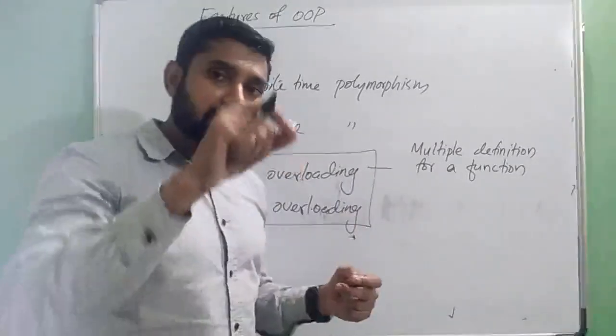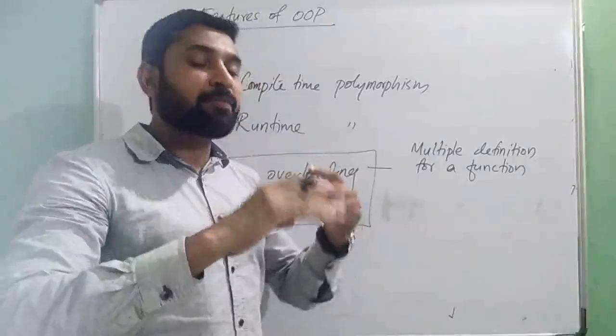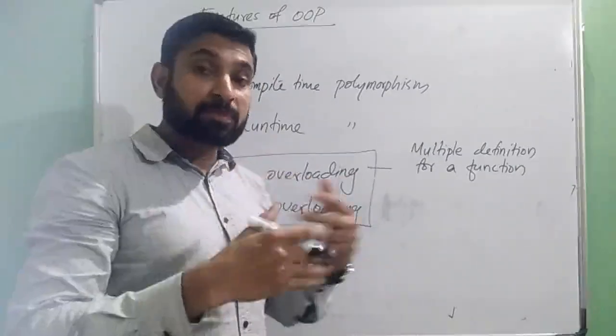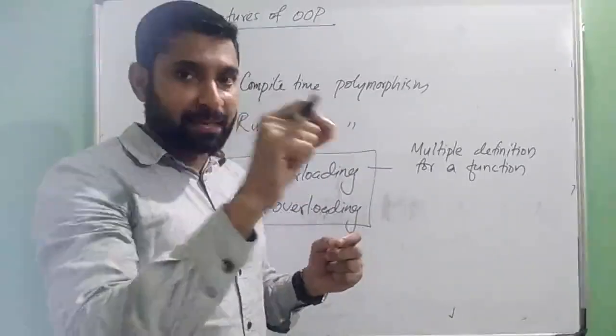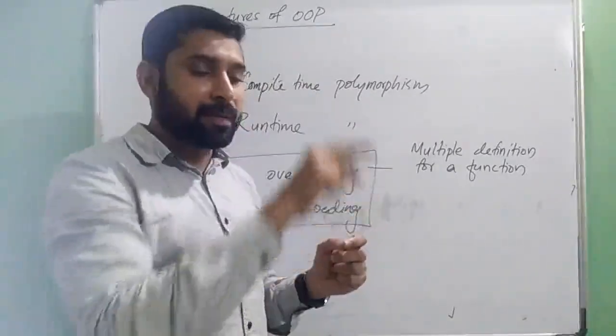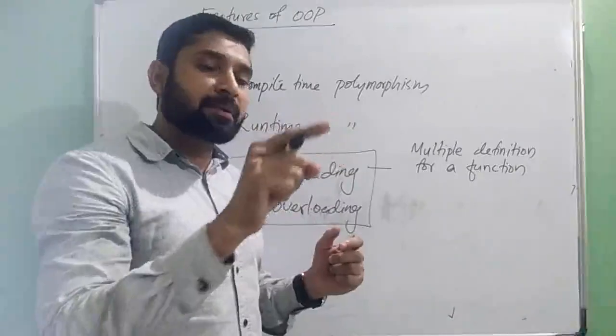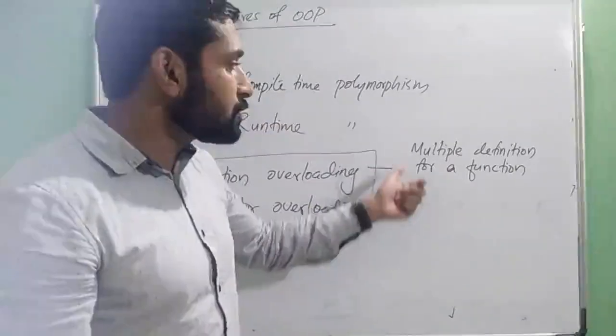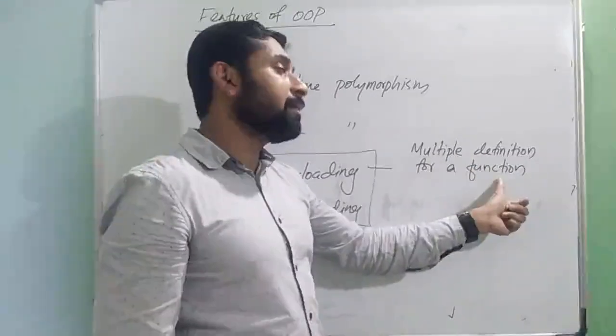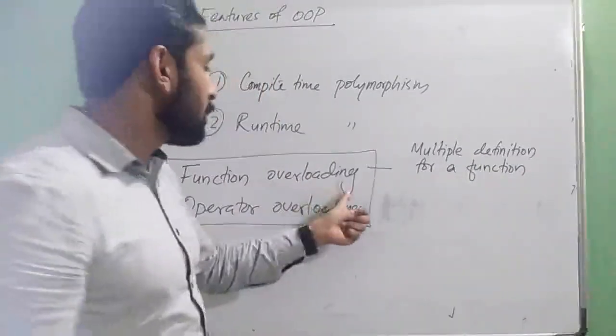So the function name is area, and it behaves differently depending upon the data provided. This is called function overloading.